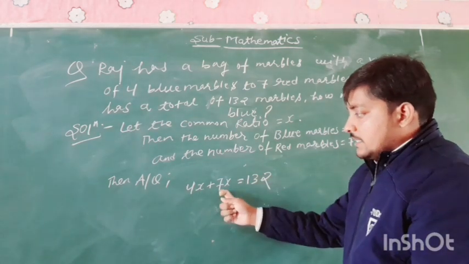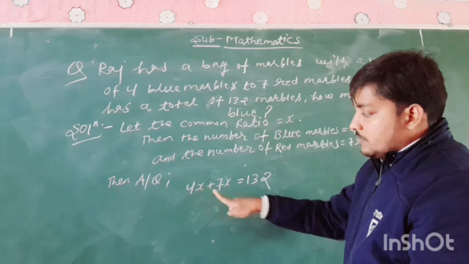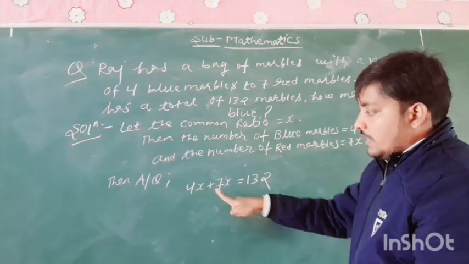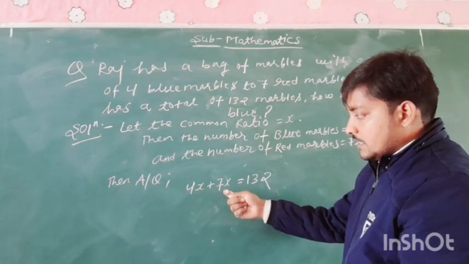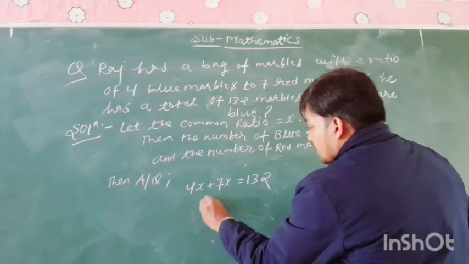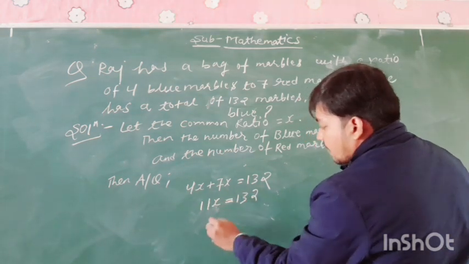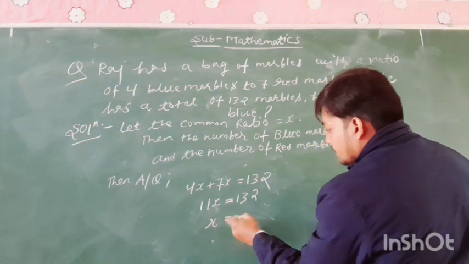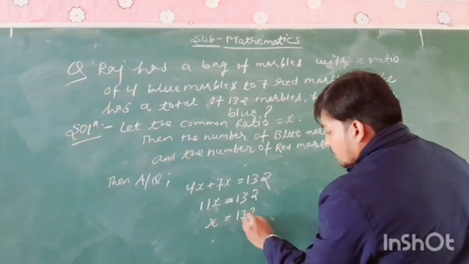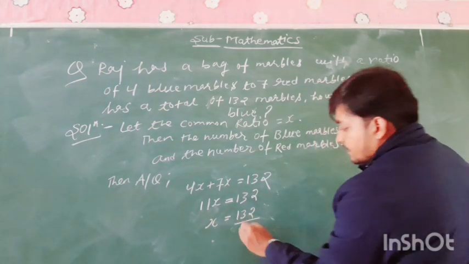In LHS, both terms are like terms, and we have to add 4x and 7x, which is 11x is equal to 132, and value of x equals 132 upon 11.